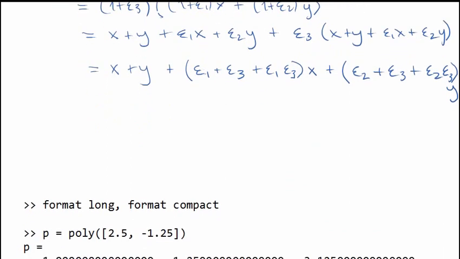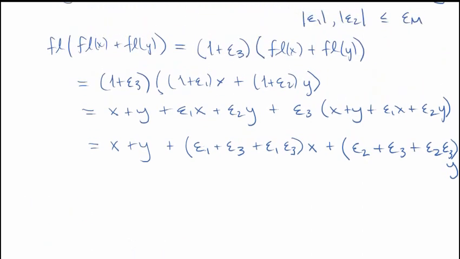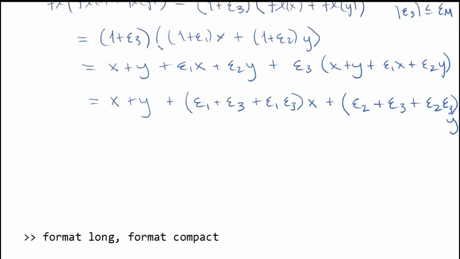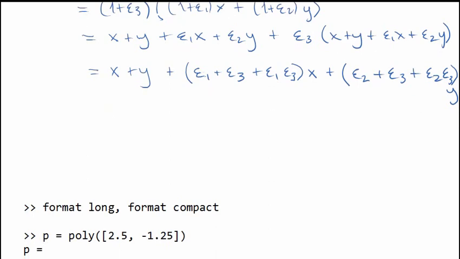Okay, so now if we wanted to get into the details of the mathematics, epsilon 1 and epsilon 2 and epsilon 3, I forgot to state up here that epsilon 3 is also required to be less than epsilon machine. So those are all really small numbers, and their product is really, really small, sort of doubly small. So we would just neglect those.